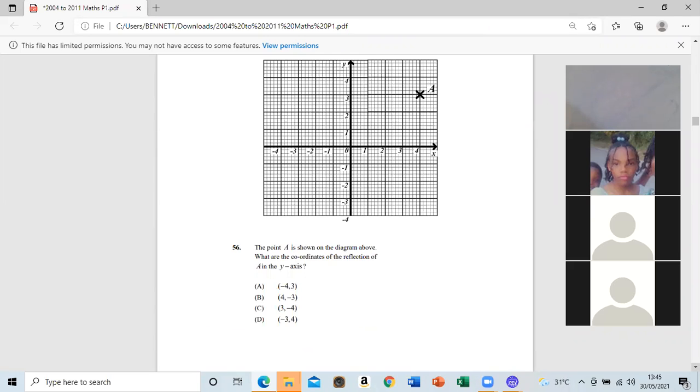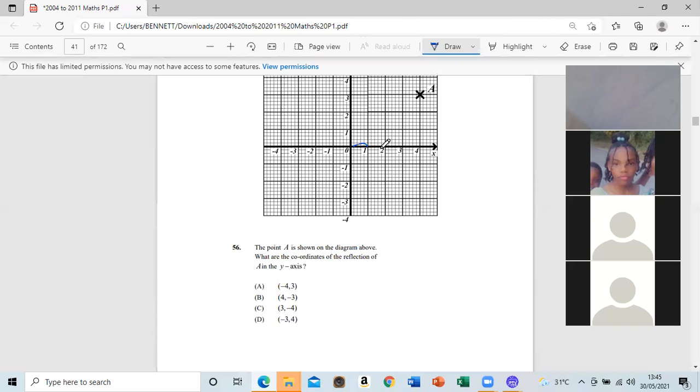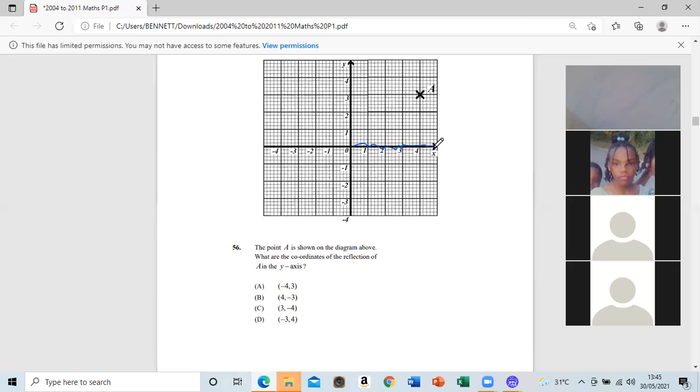All right. The point A is shown on the diagram above. What is the coordinate of the reflection of A in the x-axis? Love that question. In the x-axis, first we have to identify the mirror line, which is this. And then we count 1, 2, 3 places.